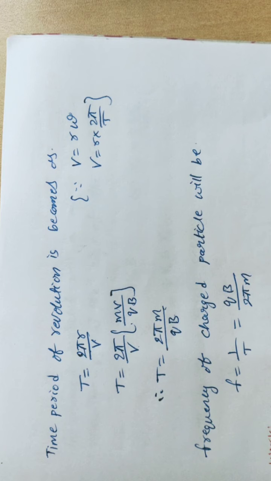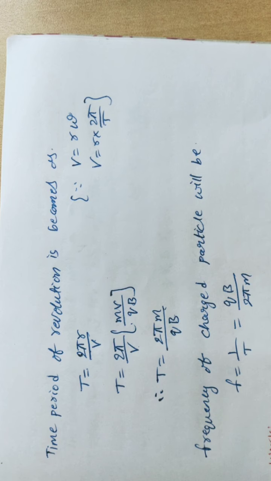This is the simple explanation or theory concept involved in the cyclotron. In a cyclotron, the charged particle is continuously accelerated, moving in between two D's in a circular path having radius r, a time period, and also a frequency.